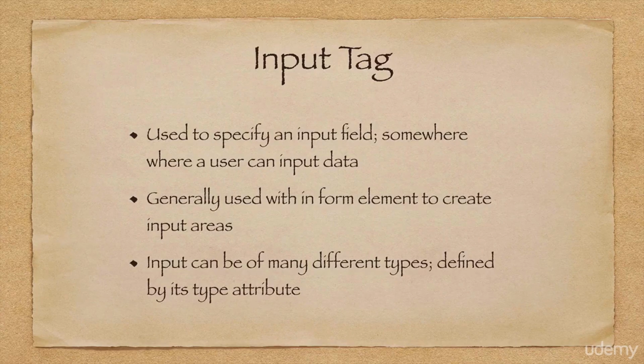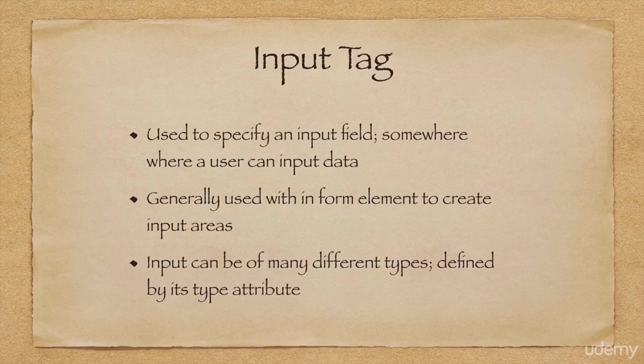But we also saw that we used 2 different or 3 different types actually with the button. There are a number of different types that can be associated with input, things like password. A password, what it does is instead of showing the text, it puts asterisks up automatically.